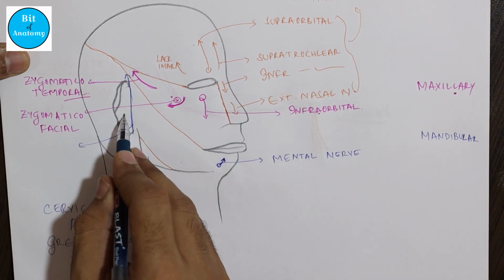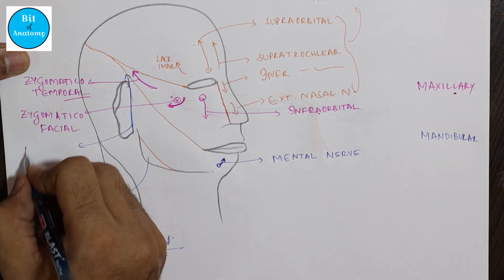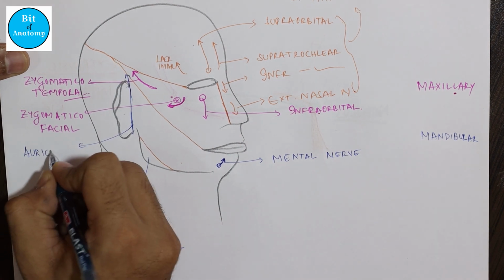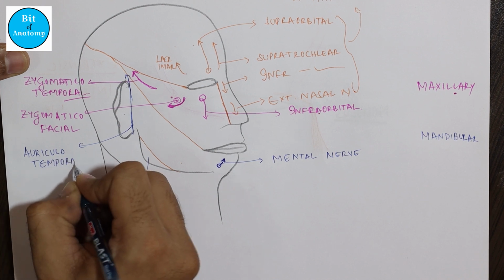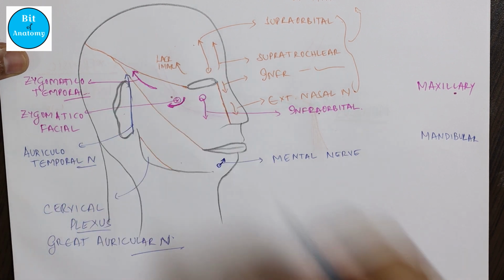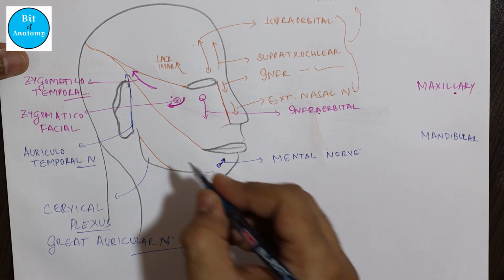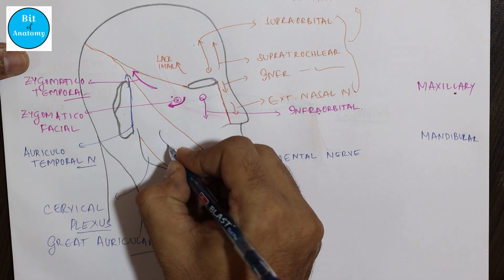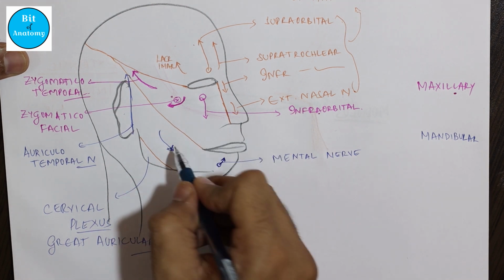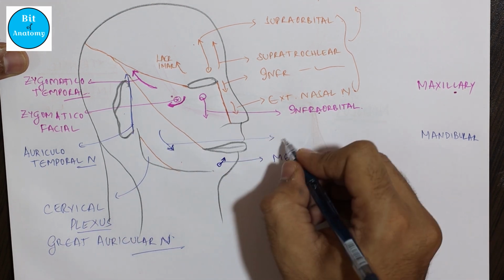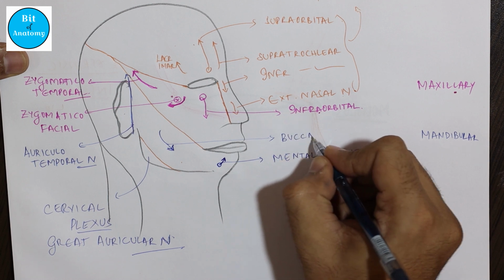It supplies both the ear and also the temporal region, that's why it is called the auriculotemporal nerve. Auricular refers to the ear, temporal refers to the temporal region. And one more nerve pierces the buccinator muscle and enters the face region, so it is called the buccal nerve.